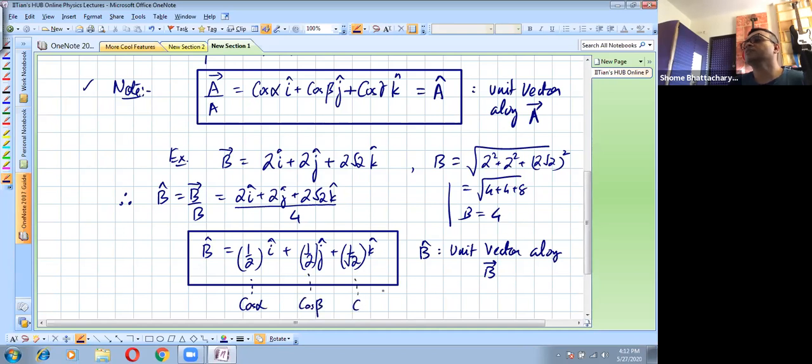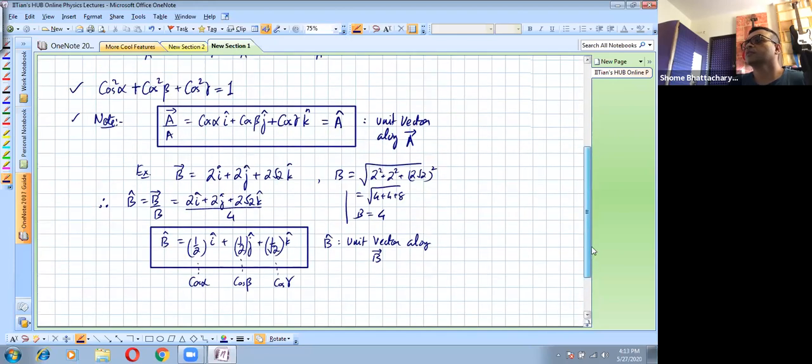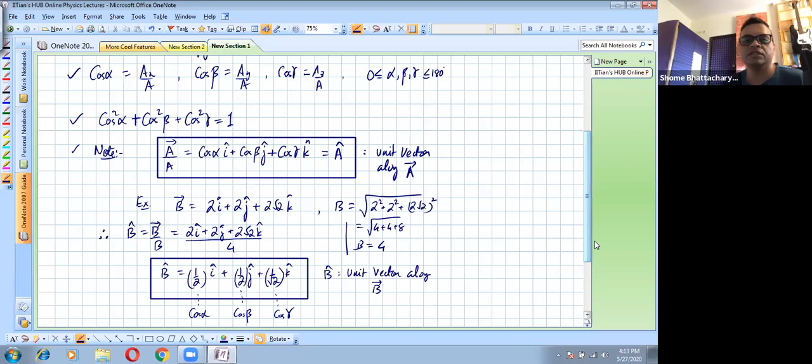So this is a little bit of an extension of the concept that we learned last time, from direction cosine. Just make a note of this and we'll discuss some applications and important aspects with respect to this.